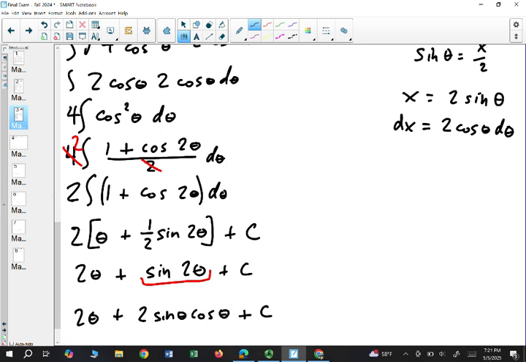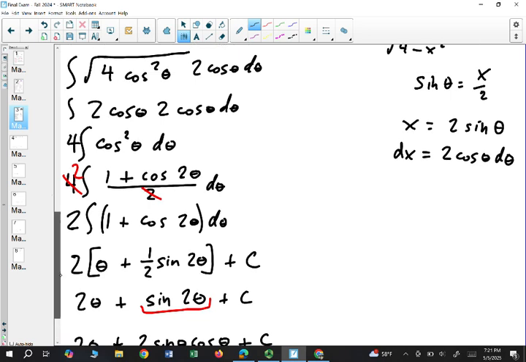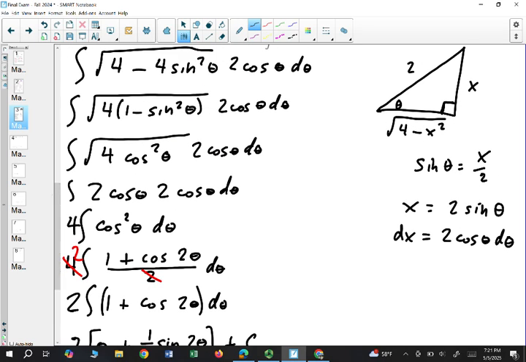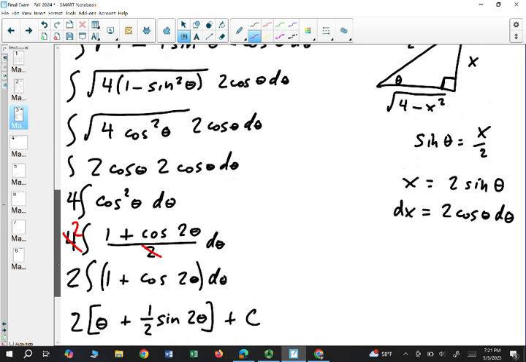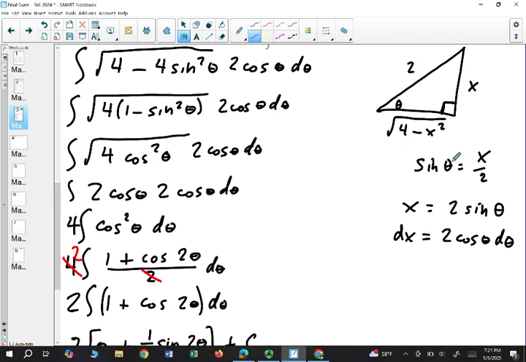Okay, and now that's what we'll use. So we can go back to our triangle, and now we can start plugging away. Okay, so we have sine of theta is x over 2. If I'm just trying to get theta by itself, which is part of my answer here, I can do an inverse sine to both sides. Inverse sine of both sides will give me theta.